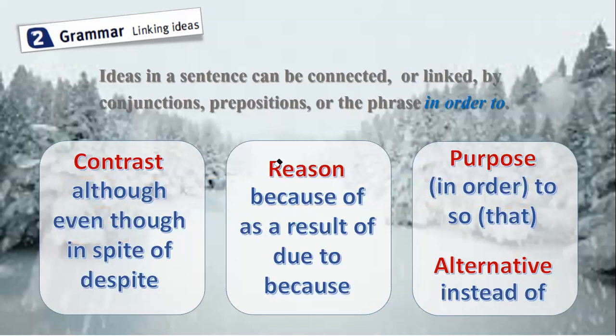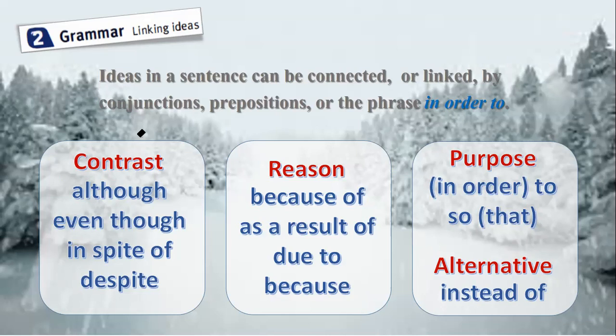Ideas in a sentence can be connected or linked by conjunctions, prepositions, or the phrase in order to. For contrast, what are the expressions? Although, even though, in spite of, despite. Another contrast is but or however: I have an idea, but I have a clause following that gives an opposite idea, a contrasting idea.